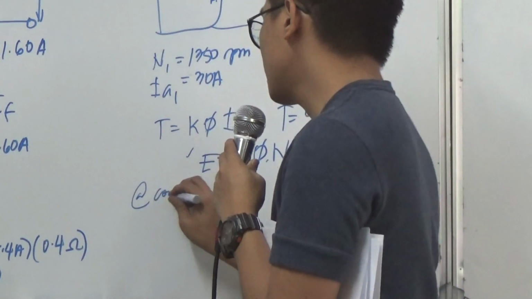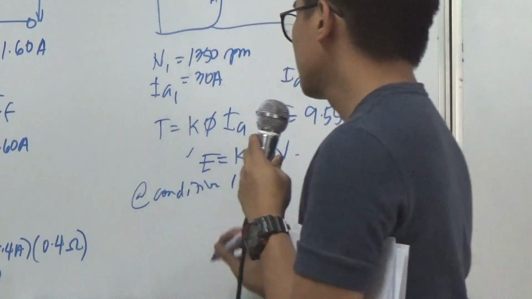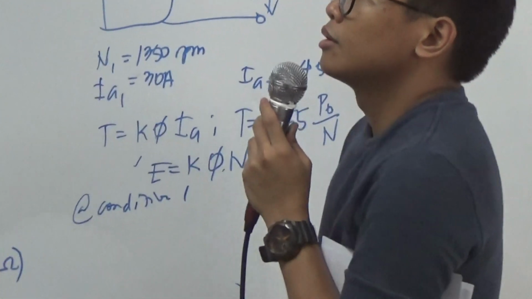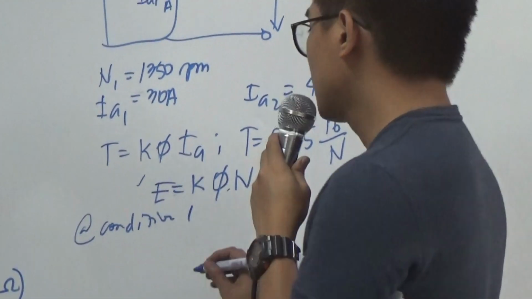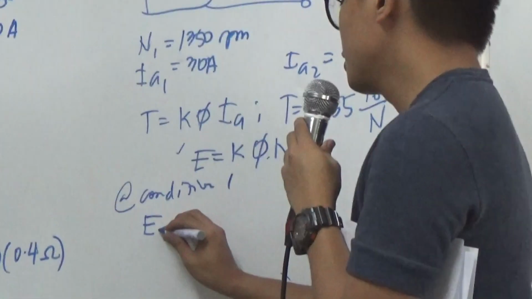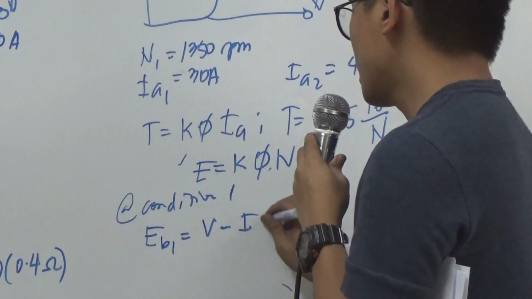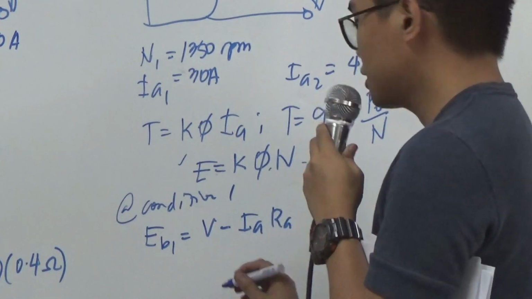So at condition 1, IA is 30 amps. So back EMF 1 is equals to the voltage minus IA RA.